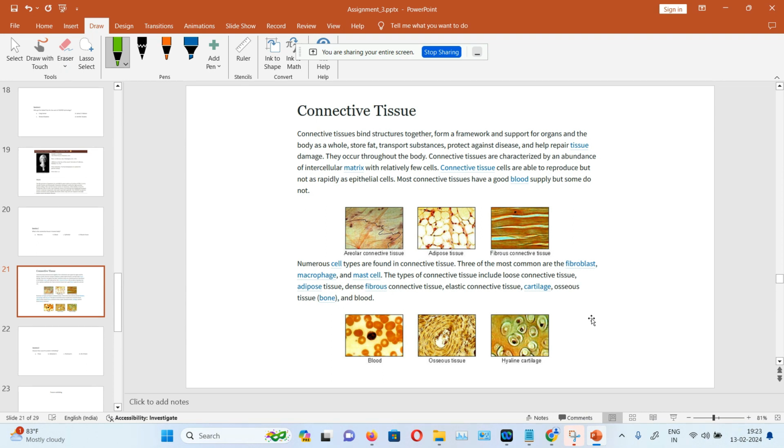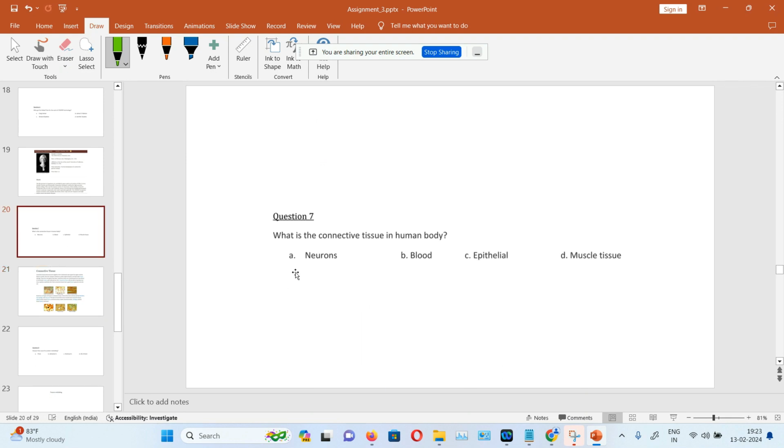Out of the different types of connective tissues, the option available here is blood. So the answer here is blood.